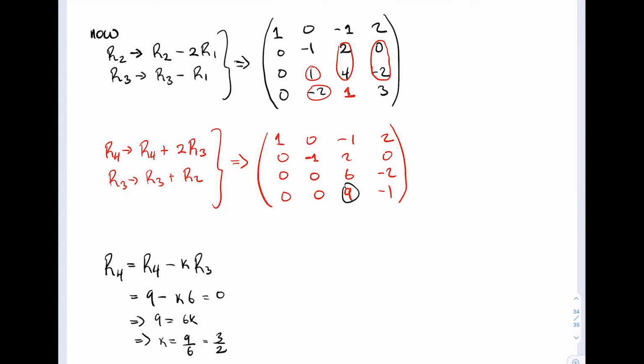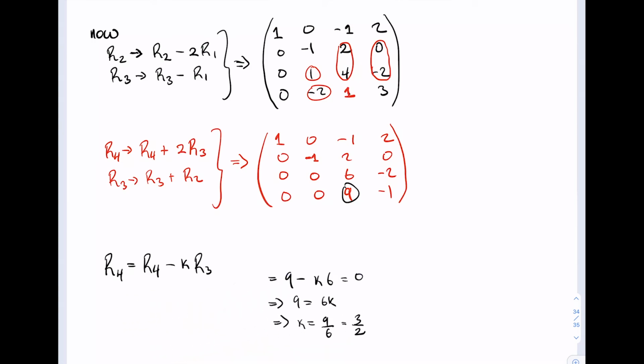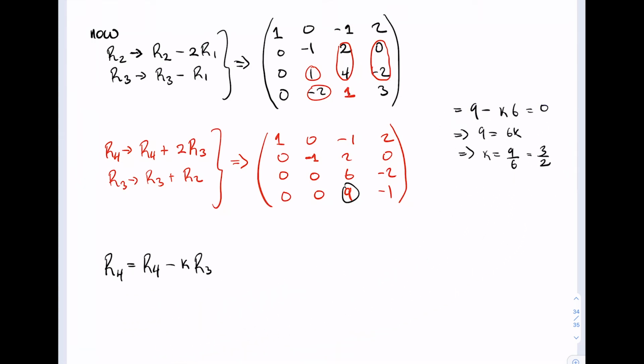Okay, so now I'm going to say that, let's put this one side. This was just some scrap work, which would help me to figure out what k is. So basically I'm saying row 4 is equal to row 4 minus 3 divided by 2 times row 3, right?